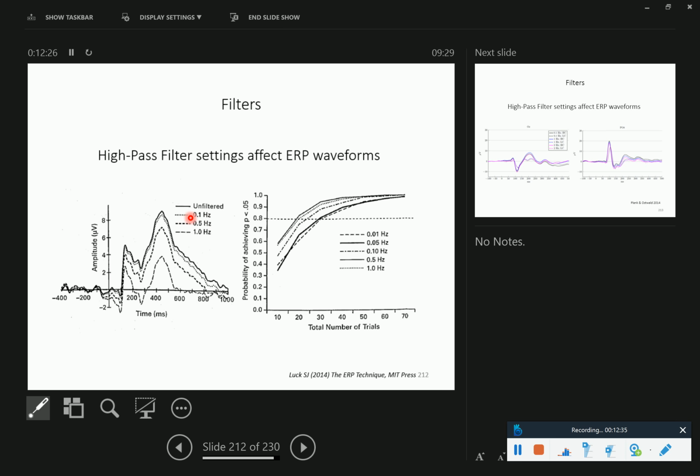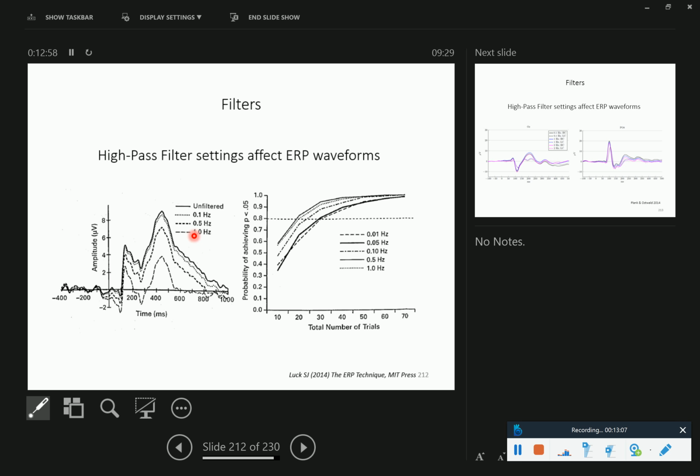The fine dashing would be that you filter out everything below 0.1 hertz. Hertz is the number of repeats per second, so 10 cycles per second. Or you filter everything out, for example, that is below 1 hertz.